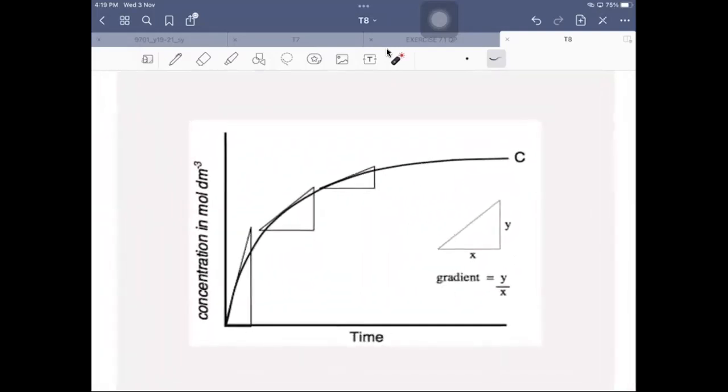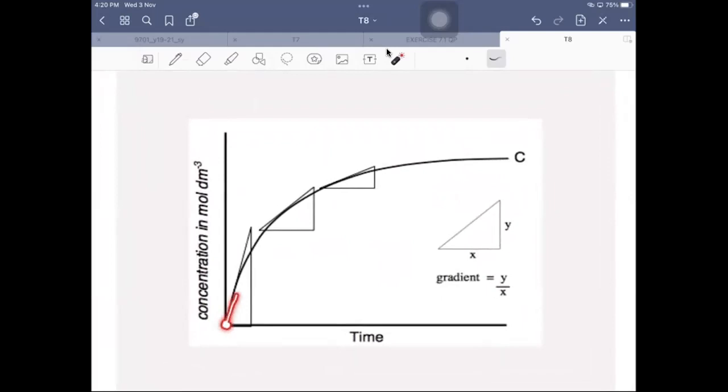Here is an example of a concentration time graph of a product. How do I know that? Because at the start of the reaction, I have 0 concentration. That means I have nothing. At the start of the reaction, we usually don't have any product, right?